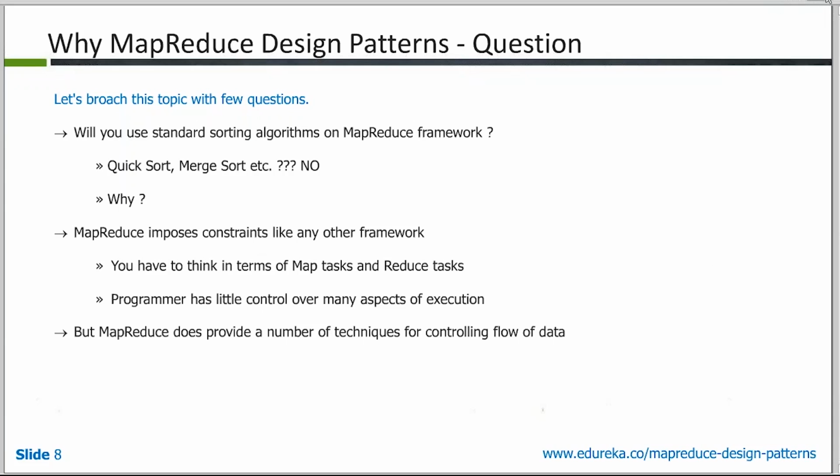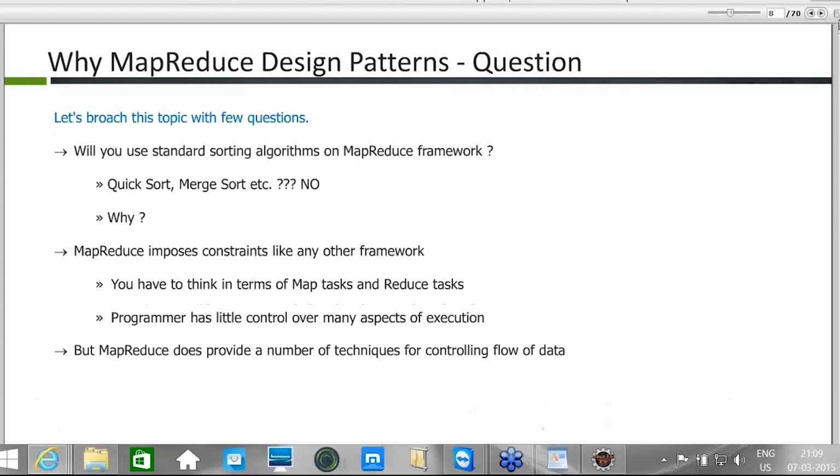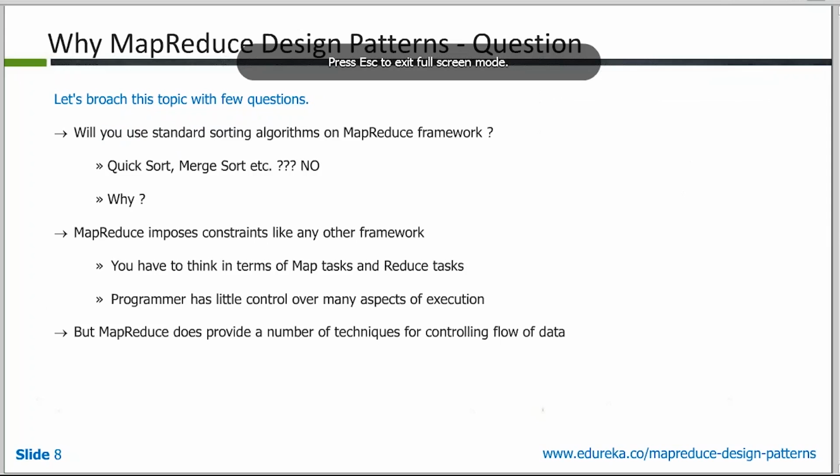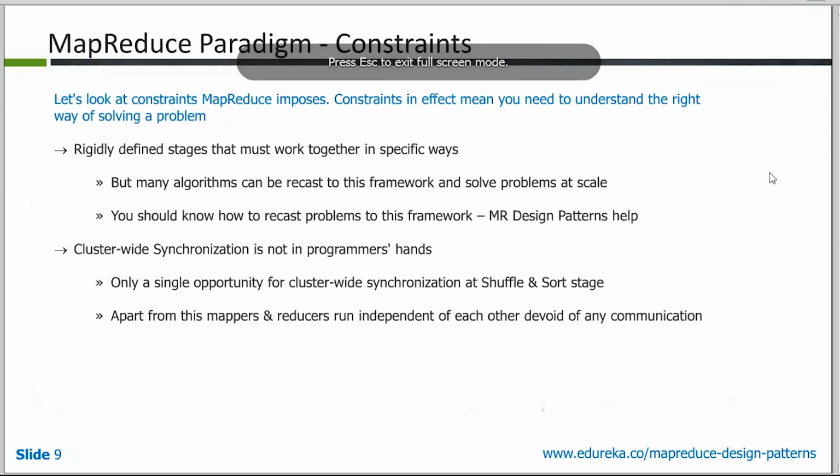There is a mapper on one side and the reducer on the other side, and that's it. The inputs come into the mapper, the reducer writes to the output, and your job is complete. All those algorithms we were talking about, quick sort and merge sort, require an iterative framework.